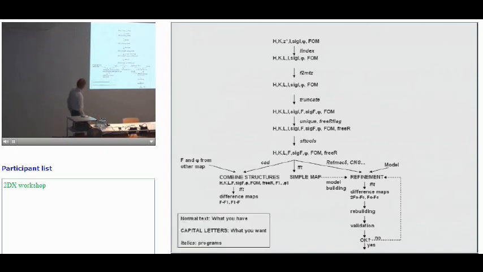In this scheme, I have the convention that the normal text is what you have, for instance structure factors, and capital letters is what you want. Maybe you want to have a simple map, you want to do refinement, and in italics are the program steps that bring you along this scheme.